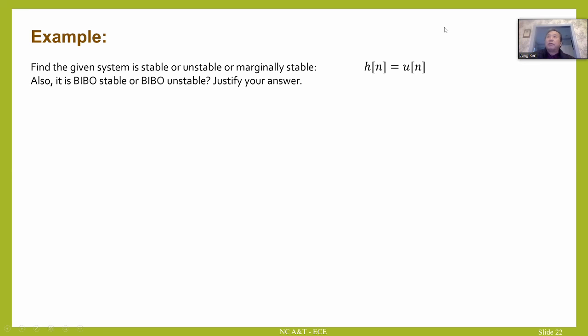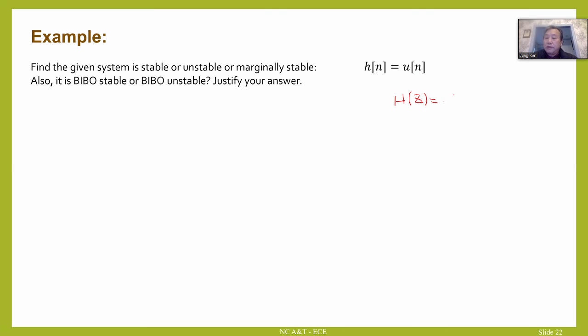So as an example, let's say, find whether the given system is stable, unstable, or marginally stable, h of n. First of all, stable or marginally stable, as you know, H of z. What's the z transform of the unit step function?